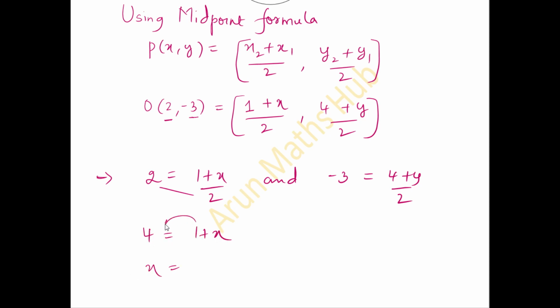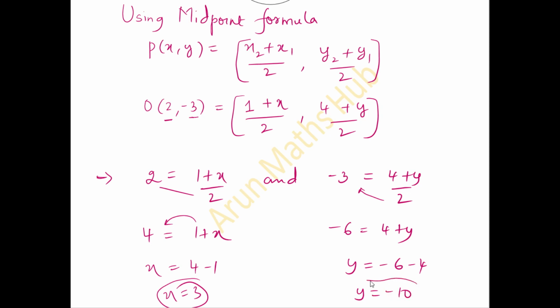Shift 1 to the LHS, it becomes 4 minus 1. Therefore, x equals 3. In the same way, cross multiply: -3 into 2 is -6, which is equal to 4 plus y. Now y equals -6, shift plus 4 to the LHS, it becomes -4. Now y equals -6 minus 4, which is -10.